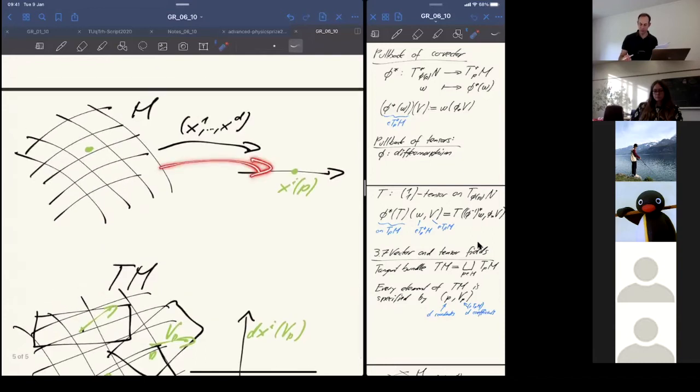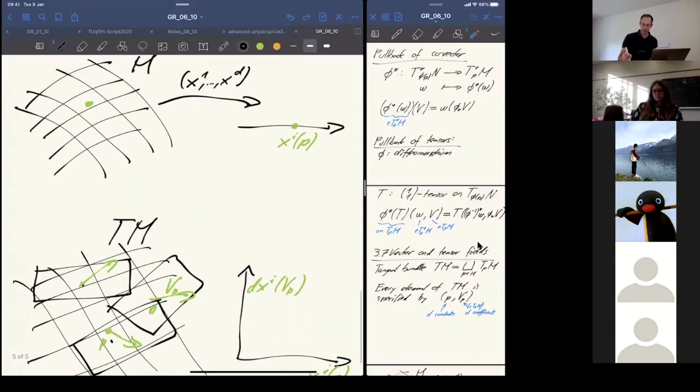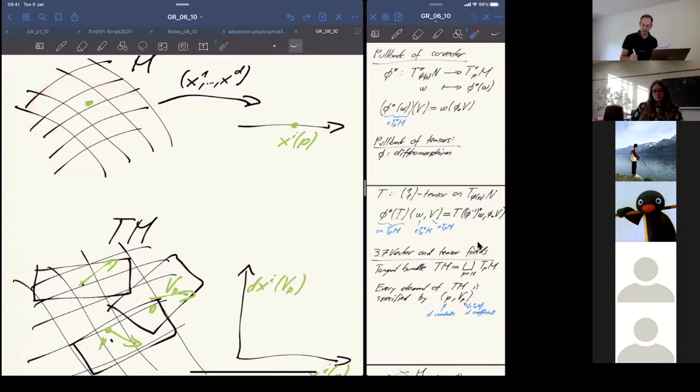So this was the chart map. Now I can see this as a new chart. As I mentioned before, this is the manifold, and I want to see this as well as a manifold. In order to view this as a manifold, I do it via telling you what the chart maps are. Because remember, a manifold is essentially just defined via its atlas, and the atlas is just a collection of all chart maps. So what I'm telling you now is that I define the manifold structure of the new manifold Tm. So far, I just defined it essentially as a collection of points.